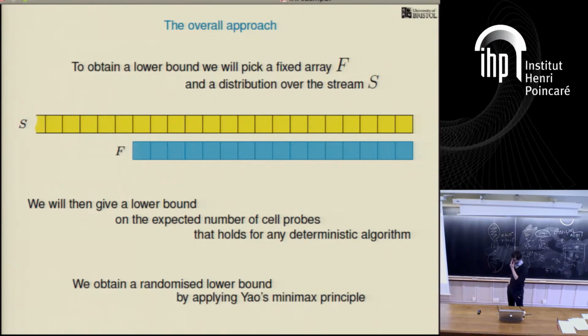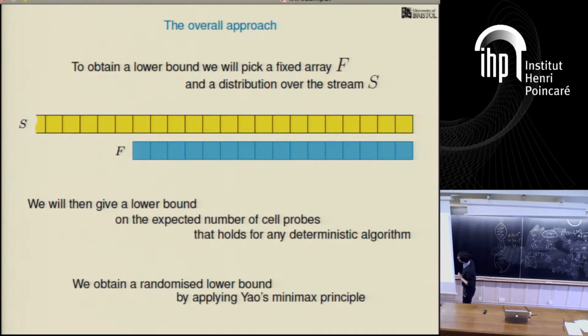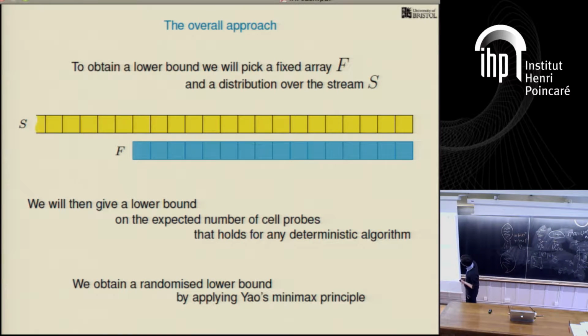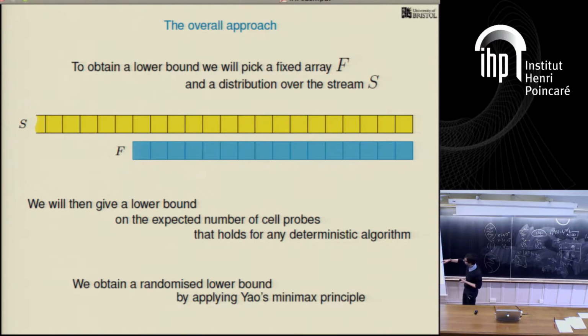Okay. So here is the overall approach in more cell probe words. We're going to pick some fixed array f and some distribution over the stream. We're then going to give a lower bound on the expected number of cell probes performed by any deterministic algorithm when it computes the Hamming distances between f and this stream.